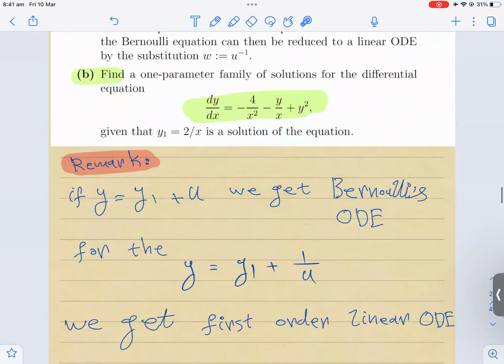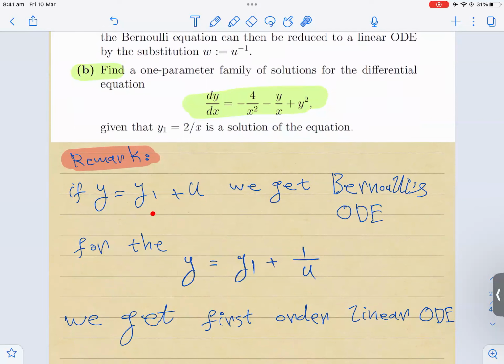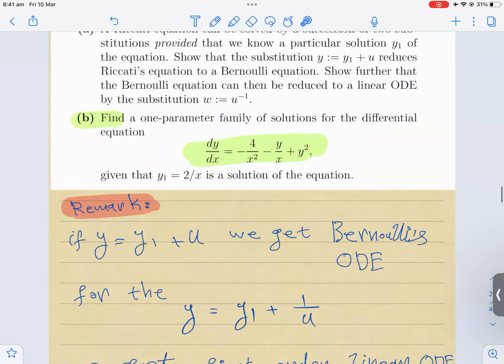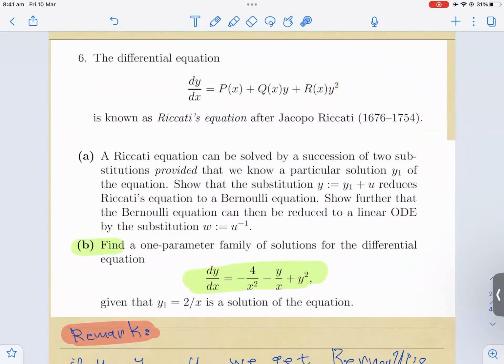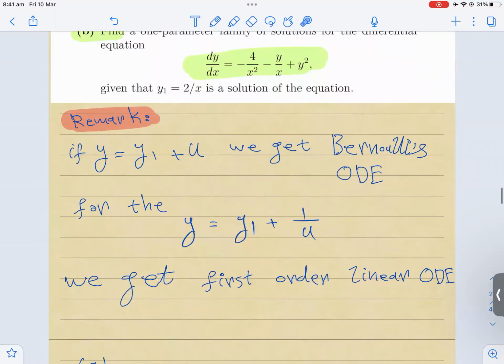So what do we want to do? One way, if we are too lazy, we will do this change of variable: instead of y, you will put y1 plus u. Then generally this will be a Bernoulli ODE. But if we are a nice person, we can use this substitution: instead of y, you should substitute y1 plus 1 over u.